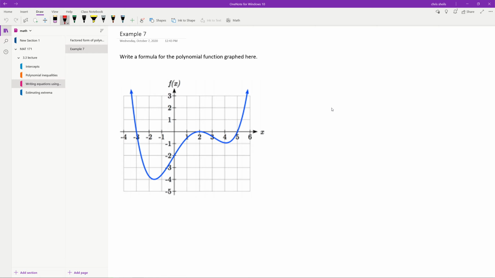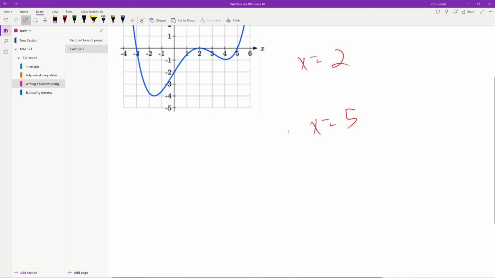So I have 3 horizontal intercepts. I have a horizontal intercept at x equals -3, at x equals 2, and at x equals 5. At x equals -3 and at x equals 5, the graph passes through the axis, and it passes through it kind of in a manner like a straight line.